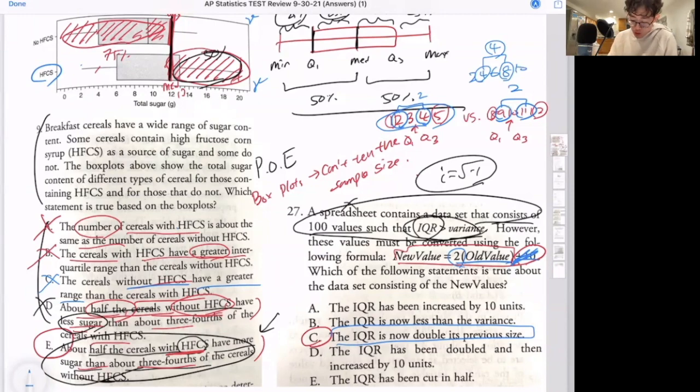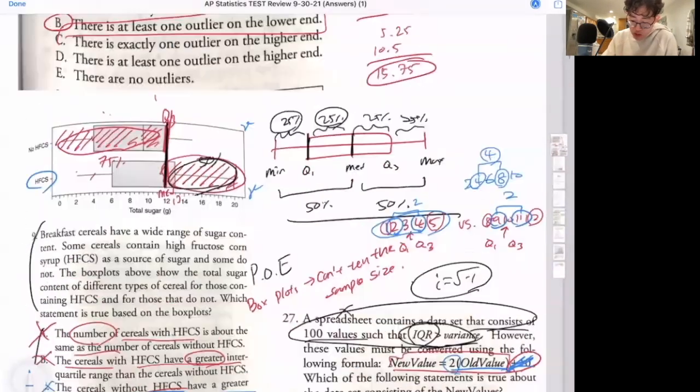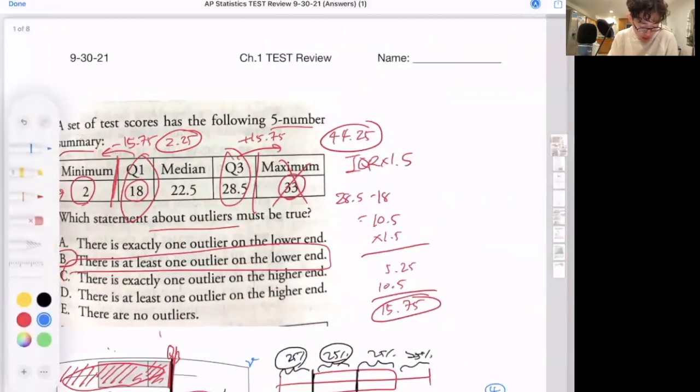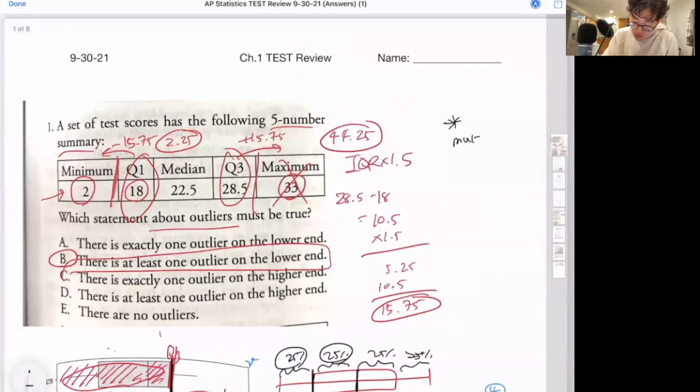Standard deviation changes when you multiply. So if you want to write yourself a little note here, I'm going to find a little space. When you multiply the numbers in the data set, basically all those things change: the mean changes, the median changes, the standard deviation changes, as well as the IQR.